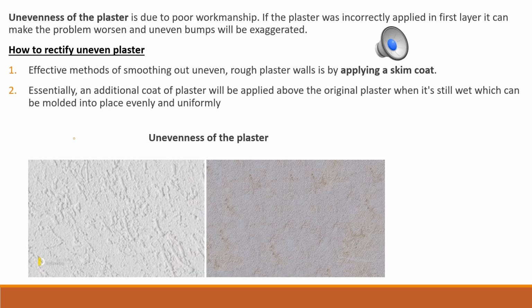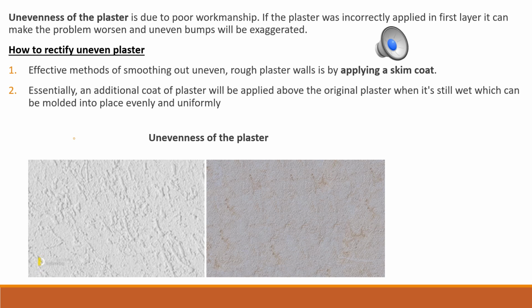In daily life, we observe that uneven plaster is the result, and we cannot rectify this type of result by doing filling or a putty coat or something like that, because this is not the correct way.